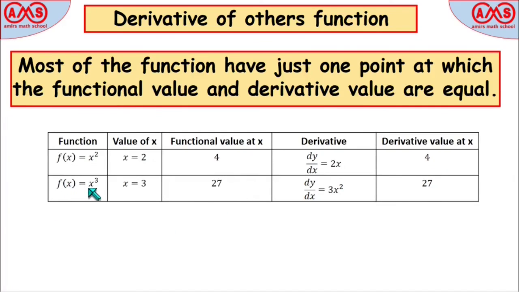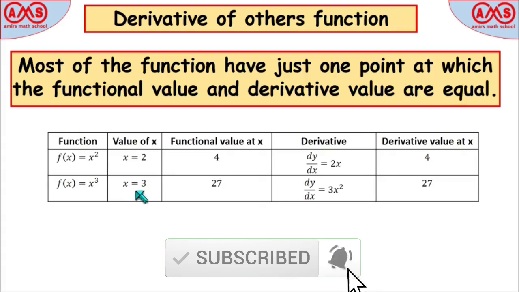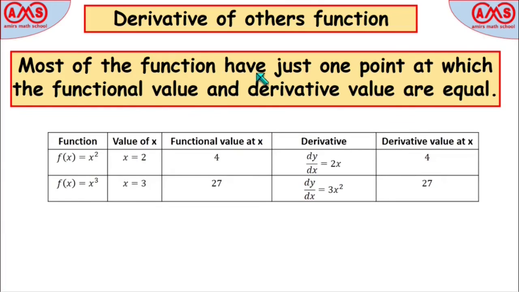And for f of x equal to x cube at x equal to 3, the functional value is 27, and the derivative of x cube, which is 3x squared, at x equal to 3 is again 27. So for f of x equal to x cube at x equal to 3, the functional value and the derivative value are both 27. So we can say most functions have just one point at which the functional value and the derivative value are equal.